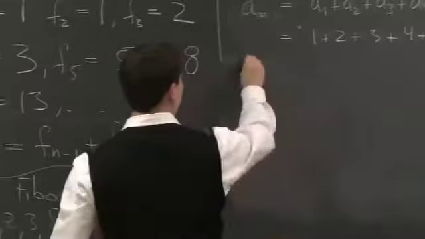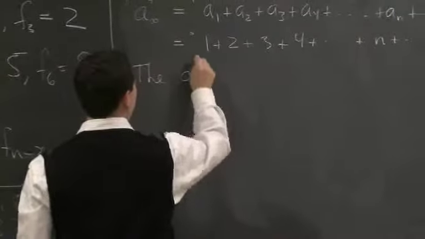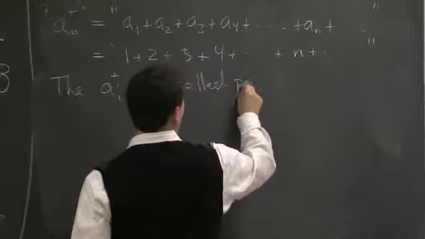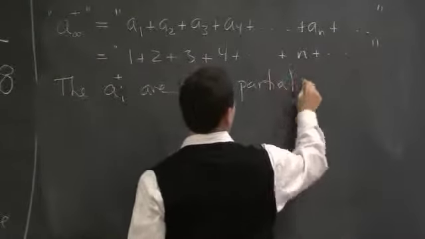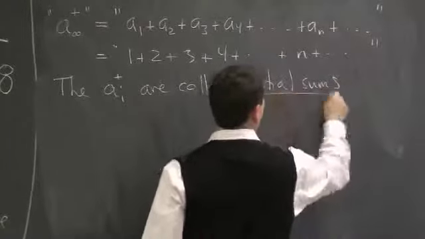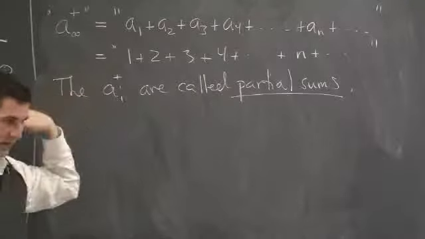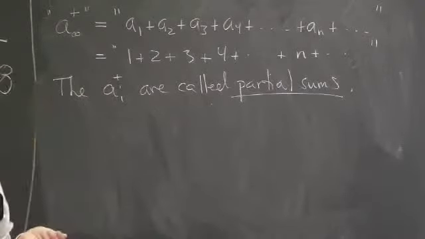So these are called partial sums. Why partial sums? Well, sums is clear, you're adding things up. Why partial? Because it's only part of the sequence. You're not doing the whole thing.